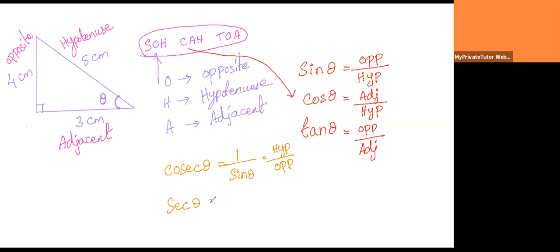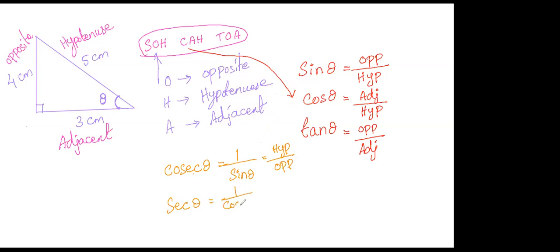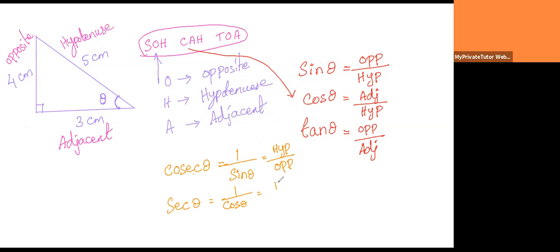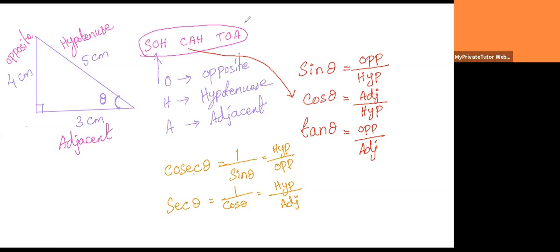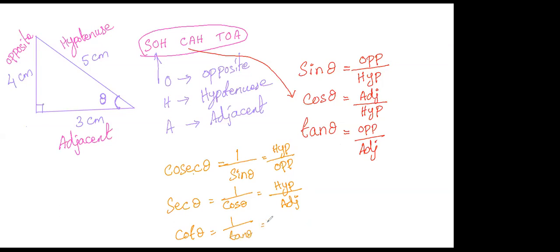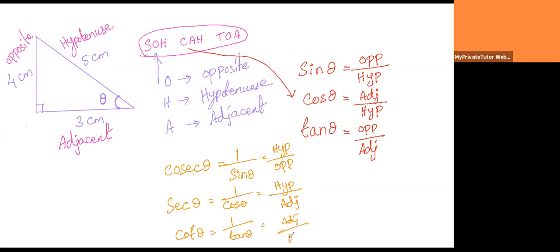Secant theta is the reciprocal of cos theta. You just need to flip that, which gives hypotenuse side by adjacent. You guys no need to remember the sides for the second three. This reciprocal method looks easy, so you can just remember it. Finally, cot theta is the reciprocal of tan theta, 1 by tan theta. So that becomes adjacent over opposite, guys.